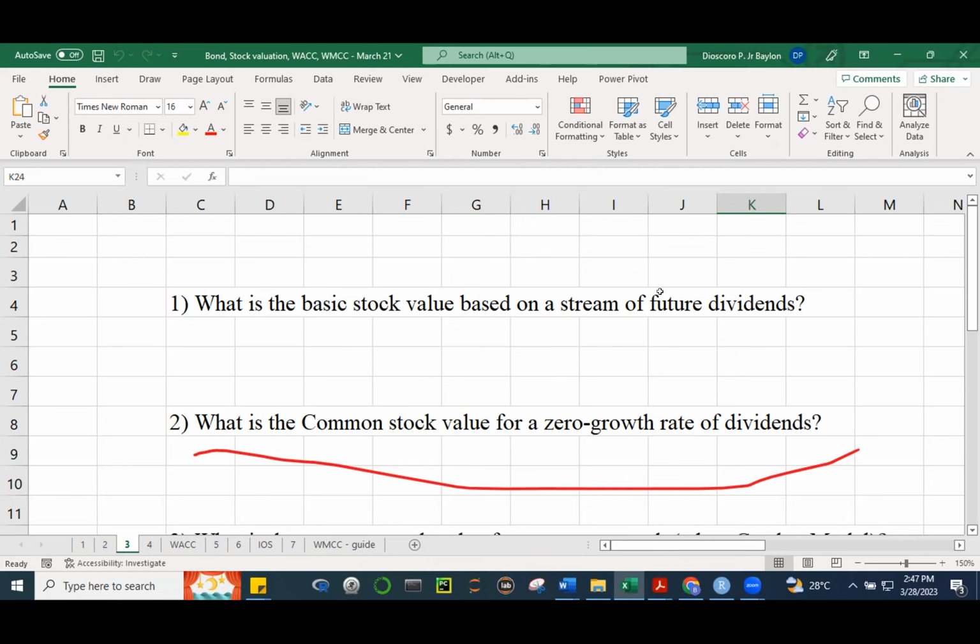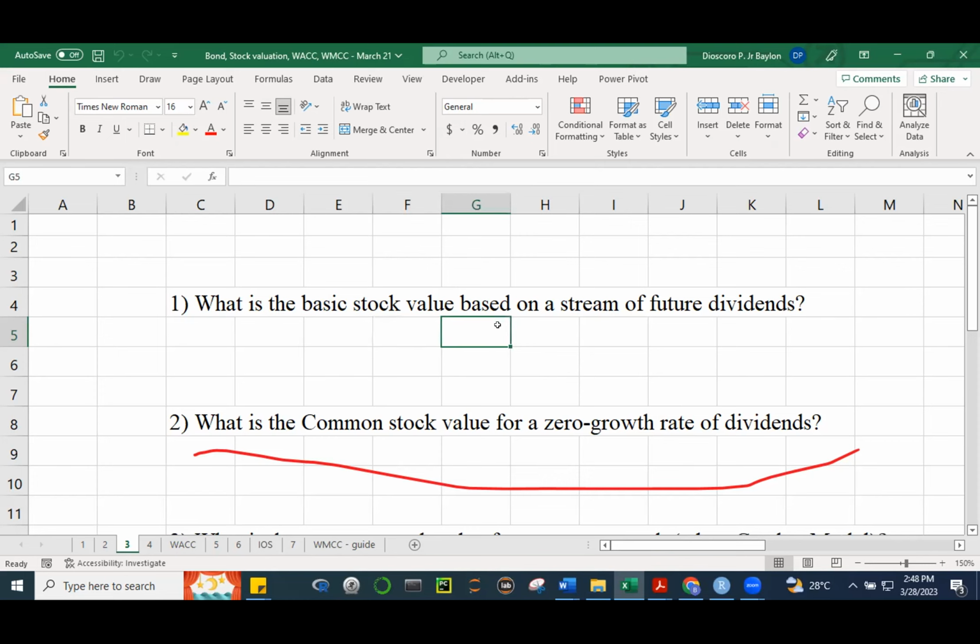based on a stream of future dividends? So anyone? If you know the value of future dividends, for example, dividend for next year, dividend for 2 years from now, etc. How do you value that stock? I think you know fundamentally the answer to that.